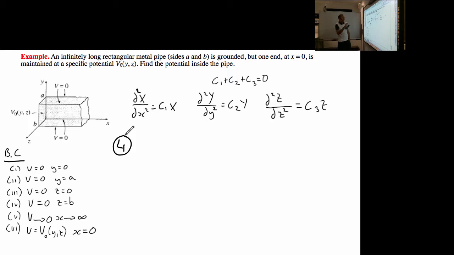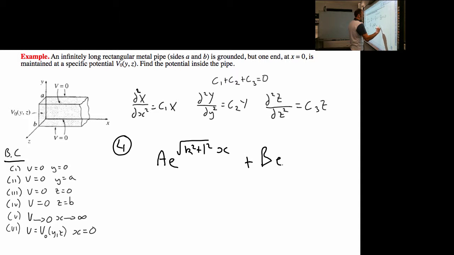If it's going to be positive, since we have an x, a y, and a z, it'll be written in the form of a e to the square root of k squared plus l squared by x plus b e to the minus square root of k squared plus l squared x. So if the constant was positive, this would be our solution.